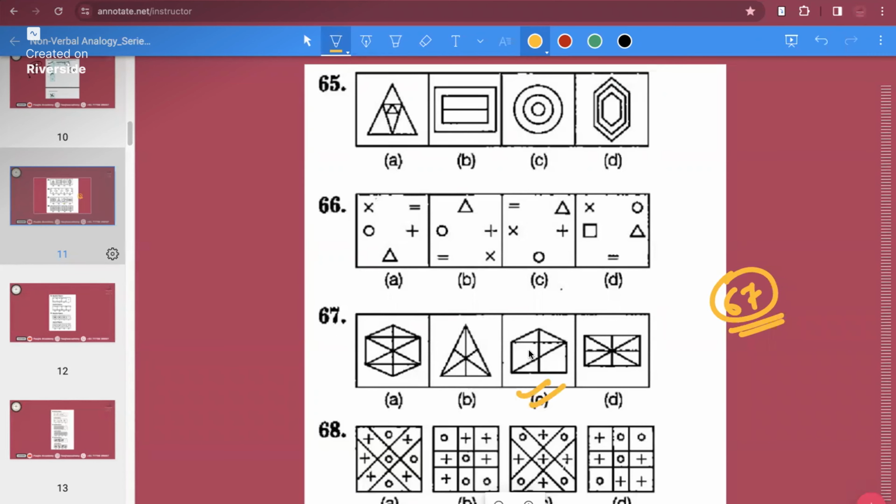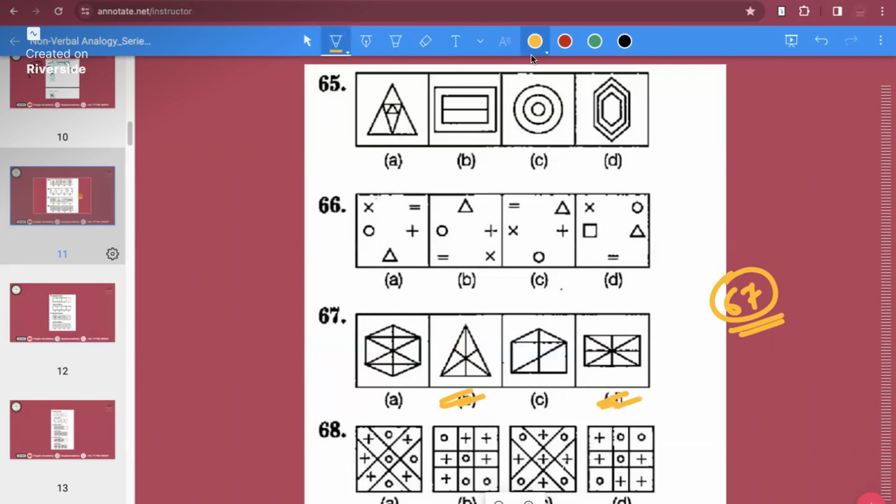Majority of the questions will be very easy, because all of them are cutting at one concentric point, at least one concentric point. But in this one, wait a moment. 1, 2, 3, 4. 1, 2, 3, 4. You might think there is no dispute between B and D; these two are almost similar.